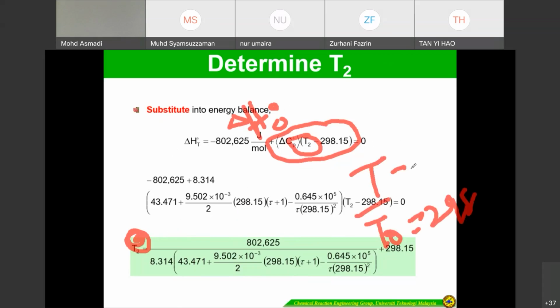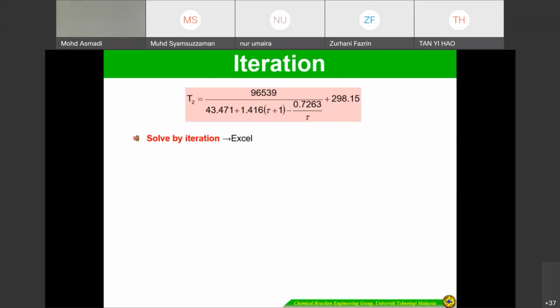Because it enters at that, and maybe this one is 1000 Kelvin. Okay, and do the iteration, express in terms of T2. This one I do by using Excel.